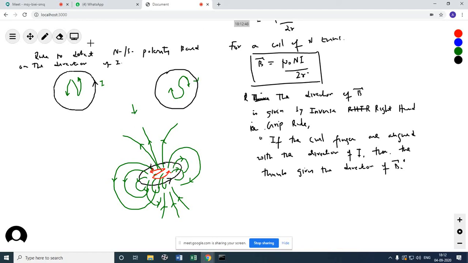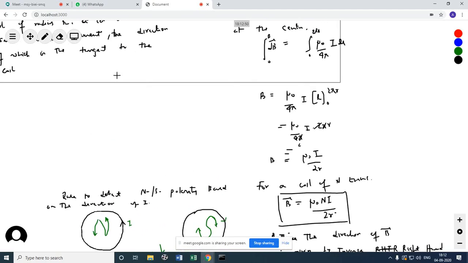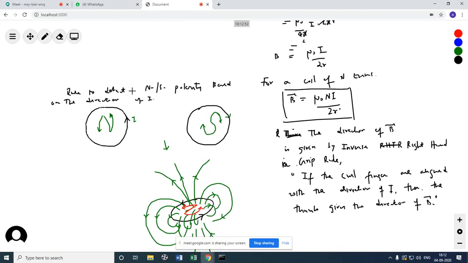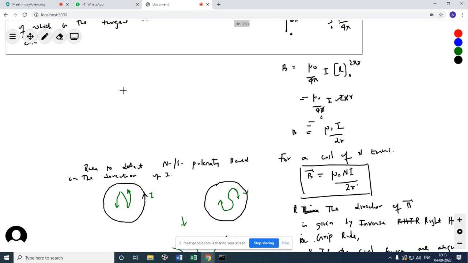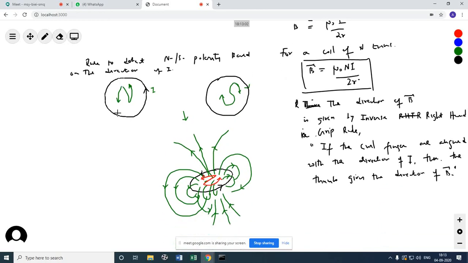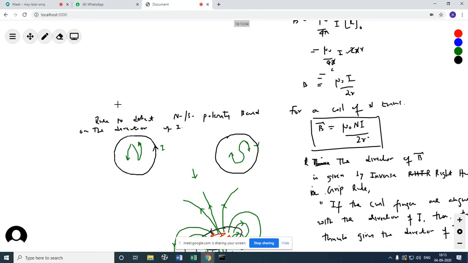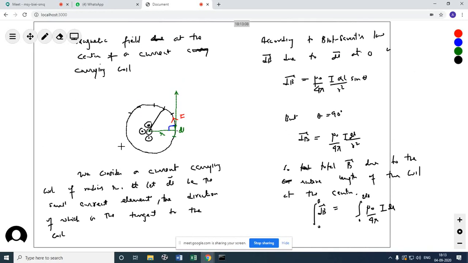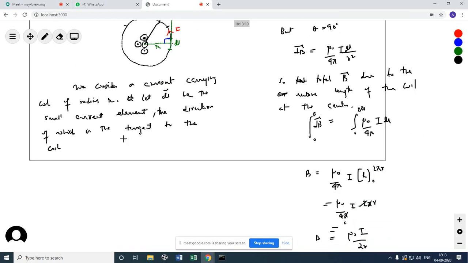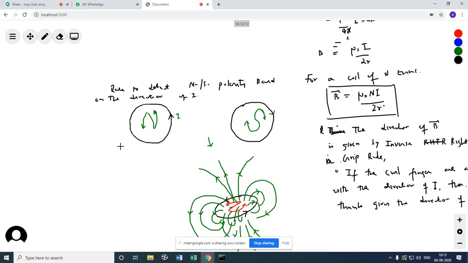Similarly, if the current is in the clockwise sense, like this, when you are able to draw S, this side is south and that side is north. So look at this case. Try to imagine you are looking from this side at the coil. For you it is anti-clockwise, no?